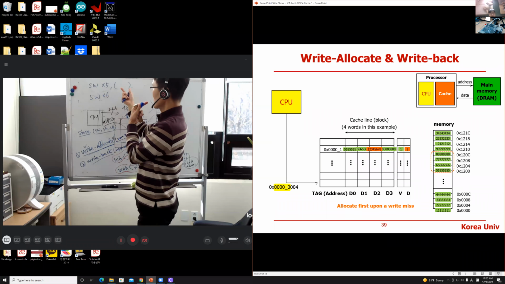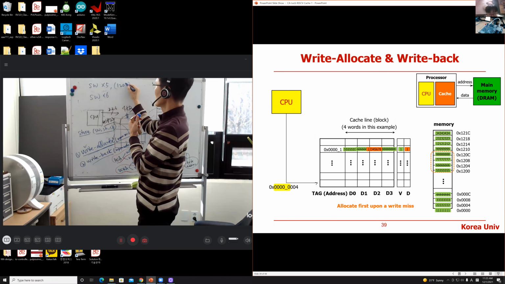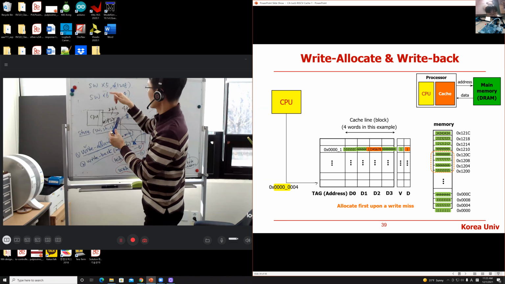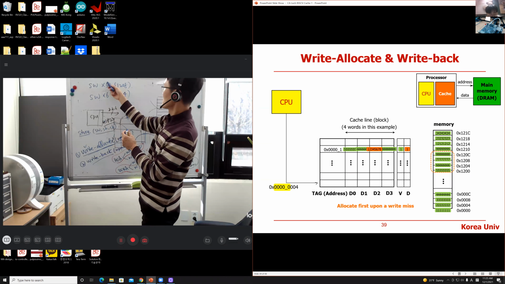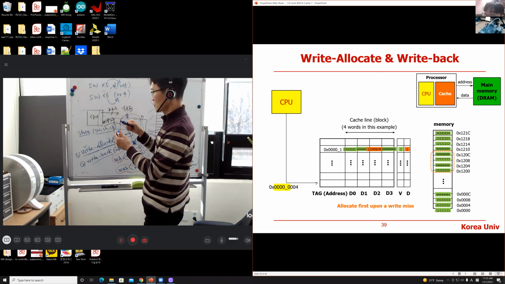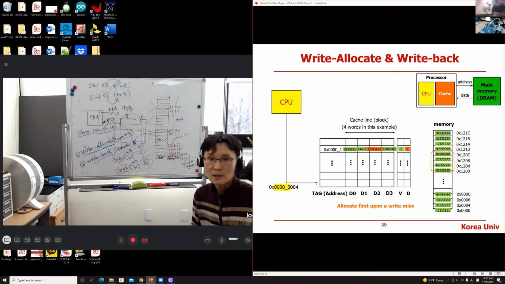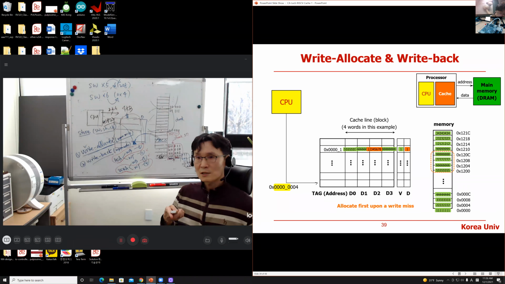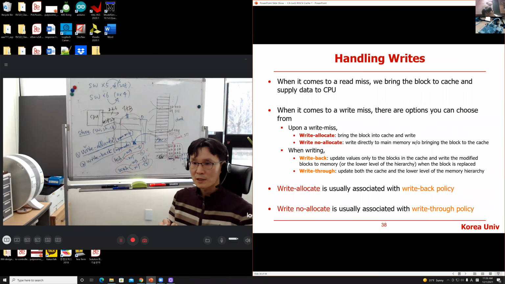The location, let me use 1208 hex, and location 4. So the CPU is trying to write this data to location 1208 and location 4. Okay, let's go back to the beginning.